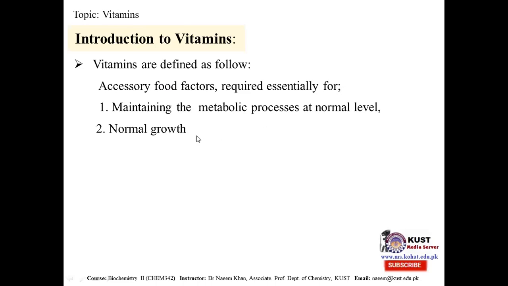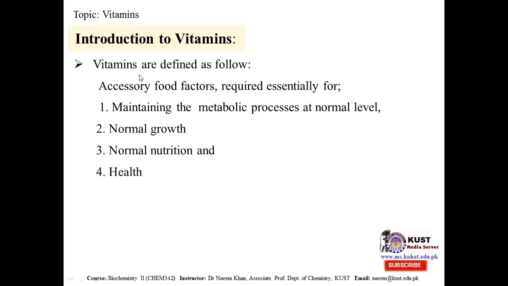Also, they are required for the normal growth. In different stages, the growth rate is different, so they are maintained and this requires vitamins. Also, vitamins are required for normal nutrition. If vitamins are not there, your nutrition cannot be said as normal. And at the end, vitamins are required for good health.